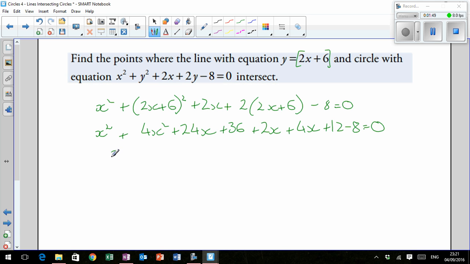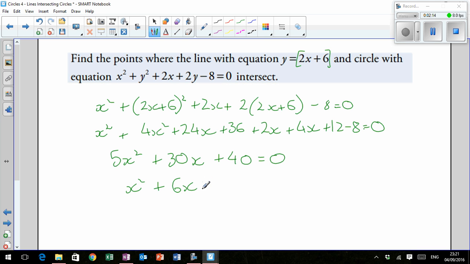So when we simplify it further, it's 5x squared plus 26x plus 30x, and then 36, 48, subtract 8 is 40. Now, the first thing I do there, because it's an equation equal to 0, is divide both sides by 5 and get rid of that 5 at the start.